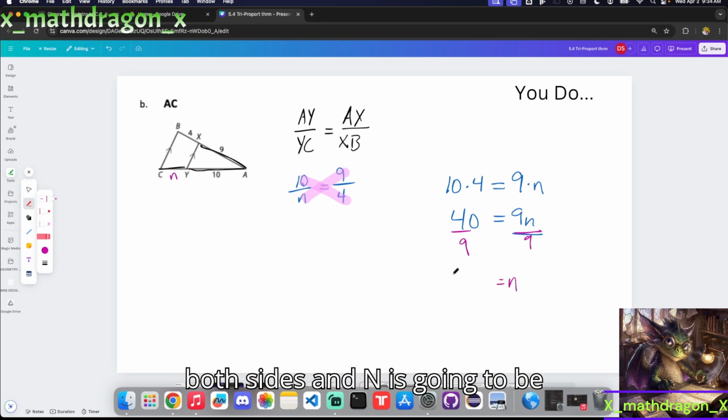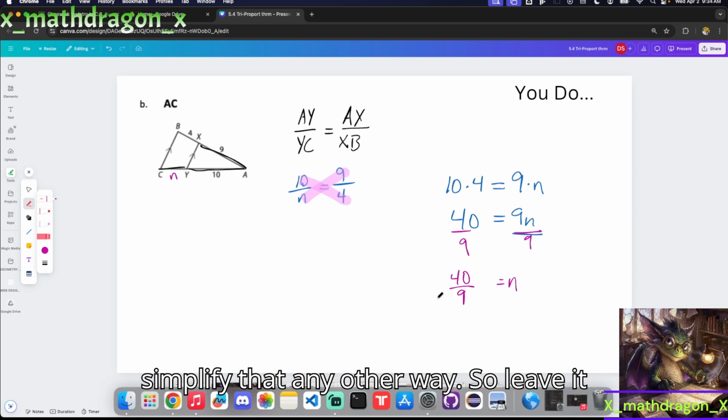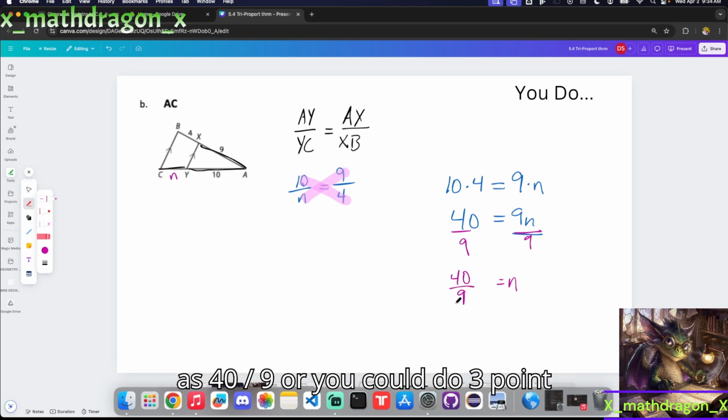And n is going to be 40 over 9, and can't simplify that any other way. So leave it as 40 over 9, or you could do 3 point whatever, probably like 3.4, 3.5 around there. No, not 3.5, but close to around there. Yeah, 3.5.